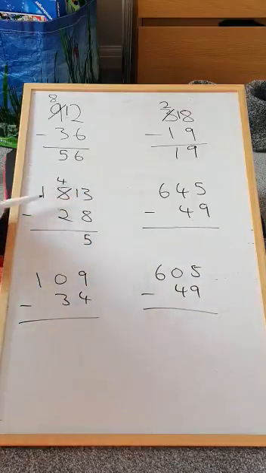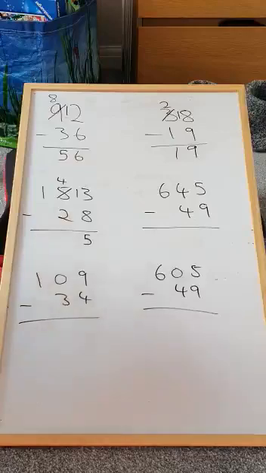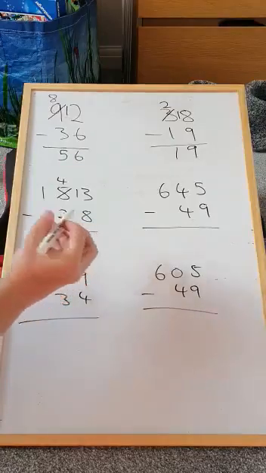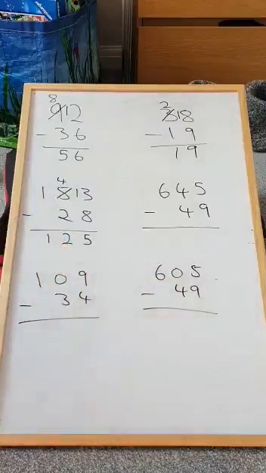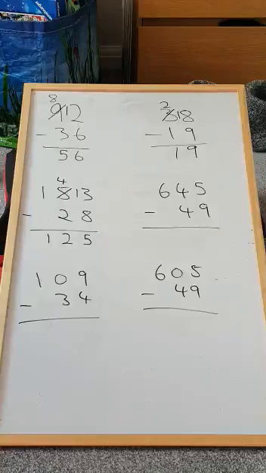Then look at our next column, 4 take away 2 equals 2, and then 1 take away 0 equals 1. So 153 take away 28 is 125. Move across to the next one.